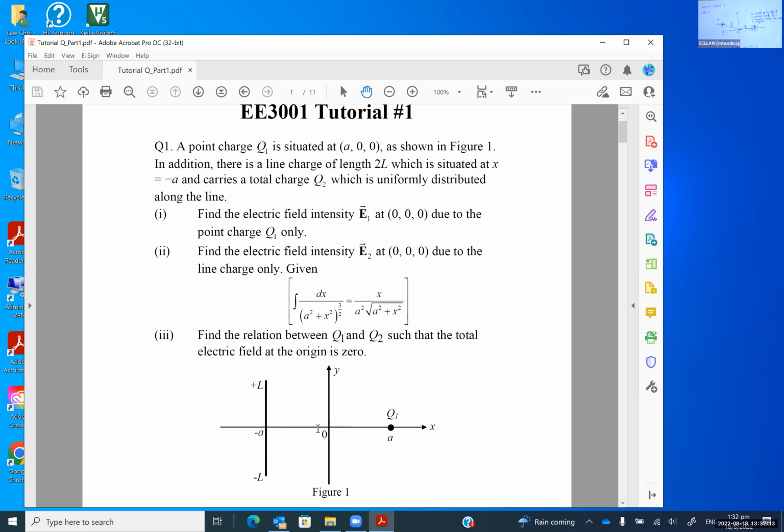Why is it so? Exactly, everything is at z equal to 0. The charge is at z equal to 0, and the E field you want to find is also at z equal to 0. So even if you draw in 3D, the problem will just collapse into the XY plane.